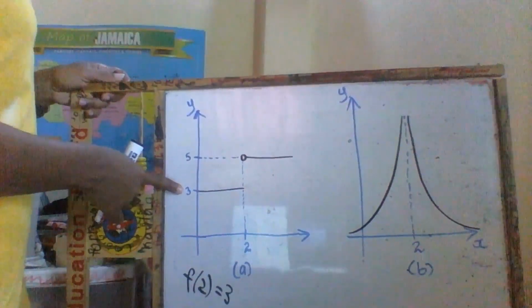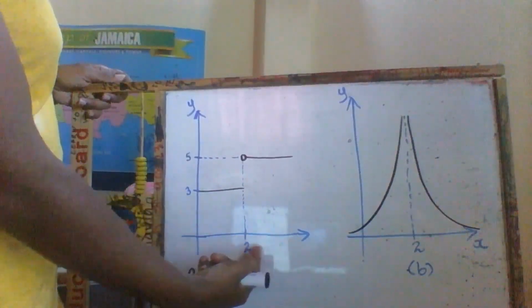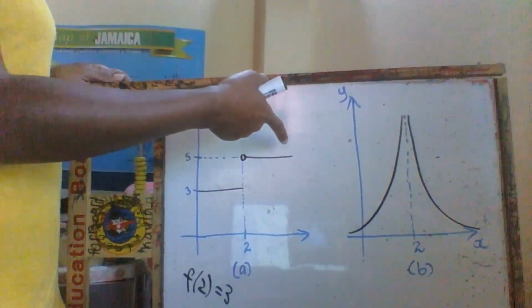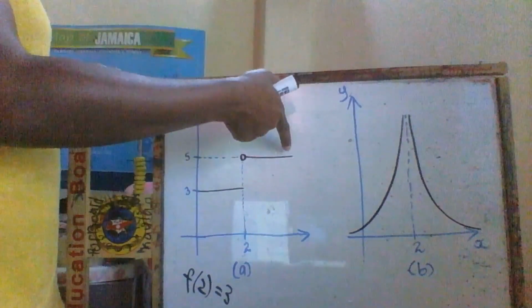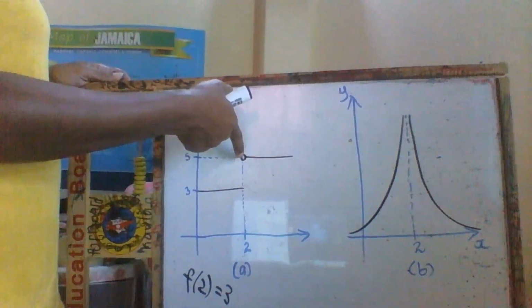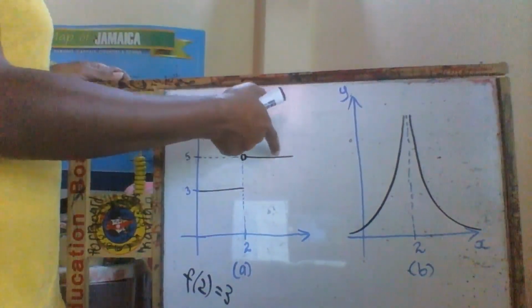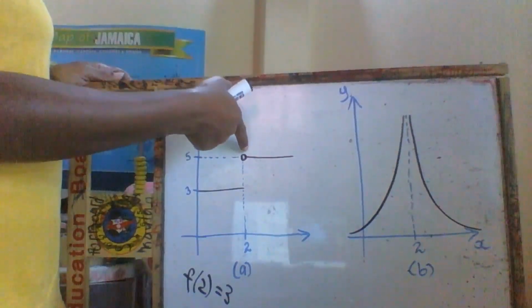But if you approach 2 from the right, you're on this graph, because you're coming from this side, and you're approaching this spot at x equals 2, which has a y value of 5.